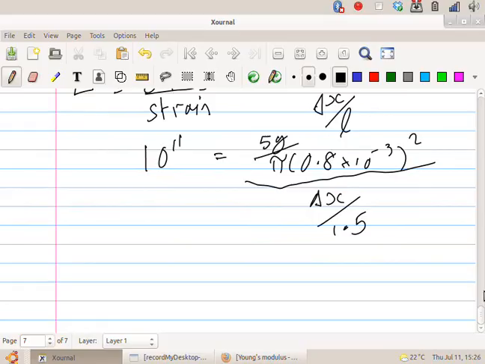Alright, someone give me a calculator and I'll do that. So, let's see. 5 times g divided by pi. Oh wait, 5 times 9.8 over pi times r squared times 1.5 times 10 to the power of 11.